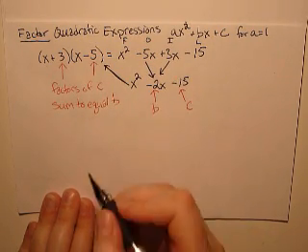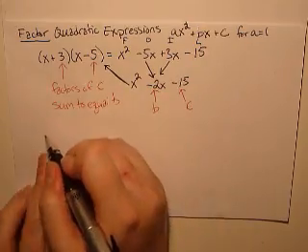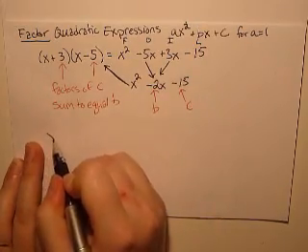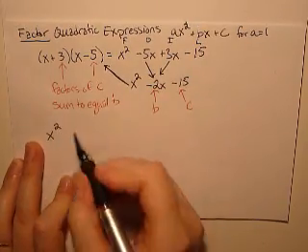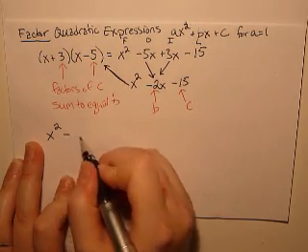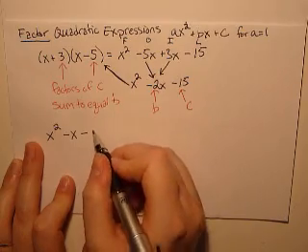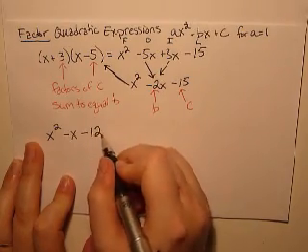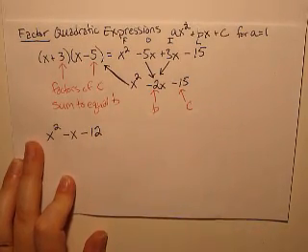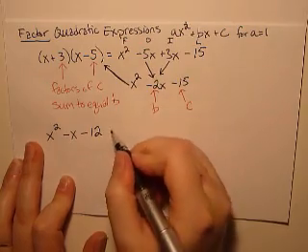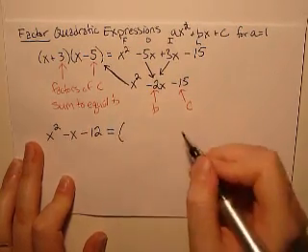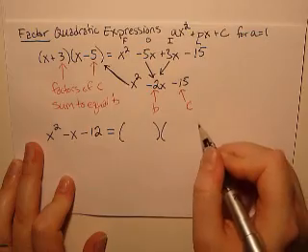So let's take an example where we are given our quadratic expression, x squared minus x minus 12. And we are asked to factor this. Well, I know that it must equal a product of binomials.